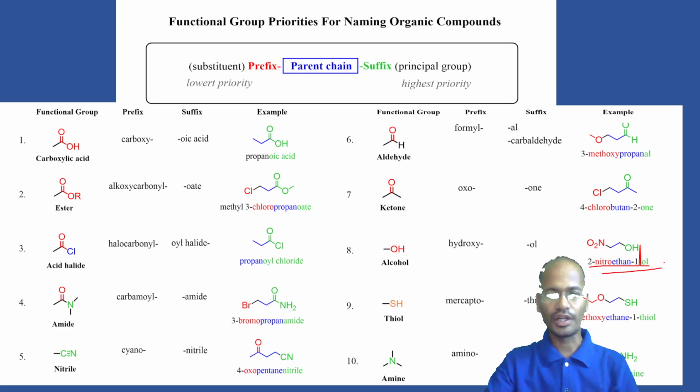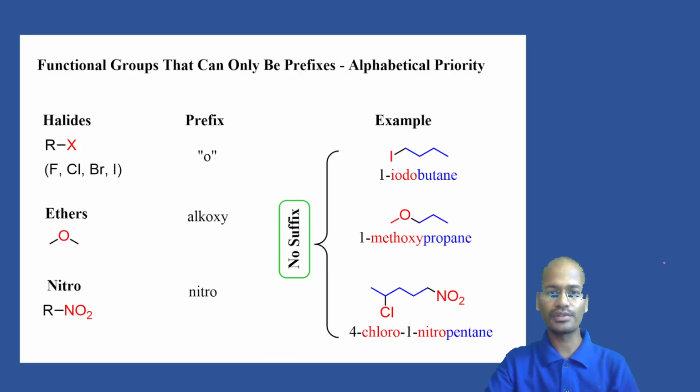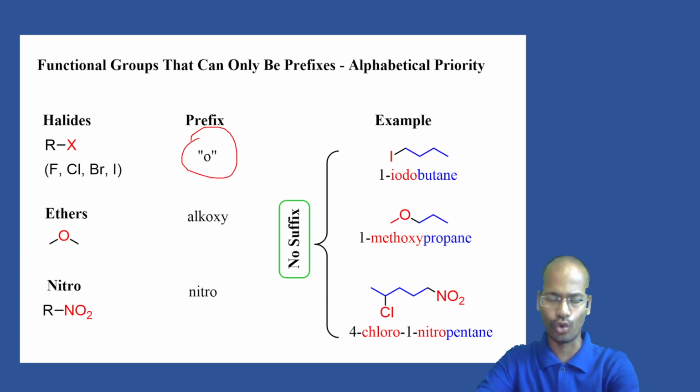So let me go through a few examples. Of course, a few more functional groups like halides, halo. Halo will be added: chloro, fluoro, bromo, iodo. That's what it was mentioned: the halogen name with the last letters replaced by o, halo. So ether, alkoxy, nitro, nitro.